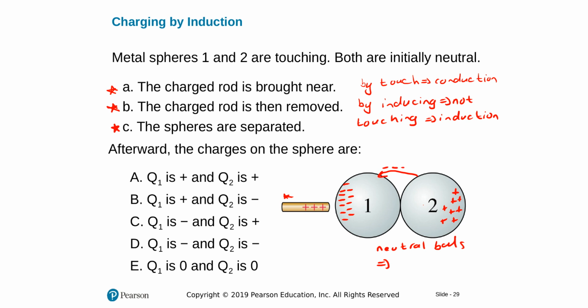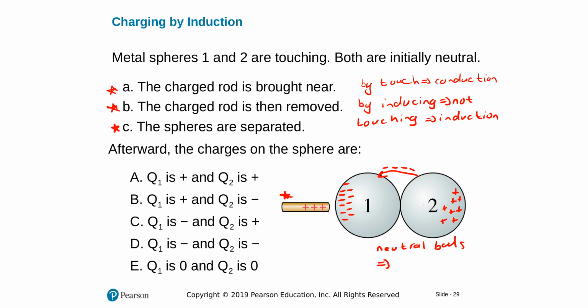It can push the positive charges a little bit on the atomic scale, stretch the atoms maybe a bit, but it can't really move them a lot. It will be electrons or negative charges moving. So this will happen while my charged rod is here. That's A. The charged rod is brought near.